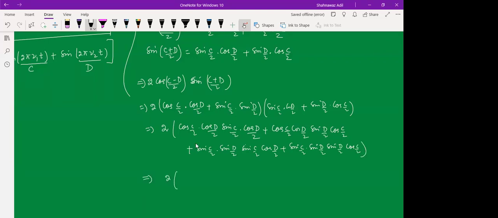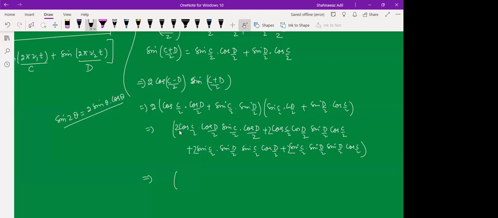So this is 2 cos(C/2) sin(C/2). How much would that be? If we take this 2 inside each term, we know that sin 2θ is 2 sin θ cos θ, right?